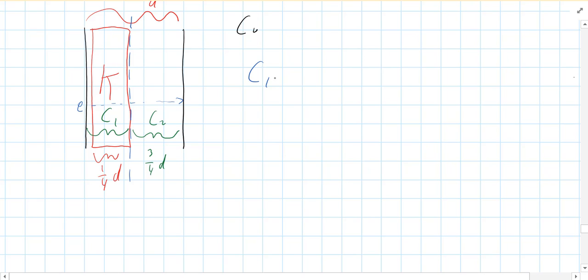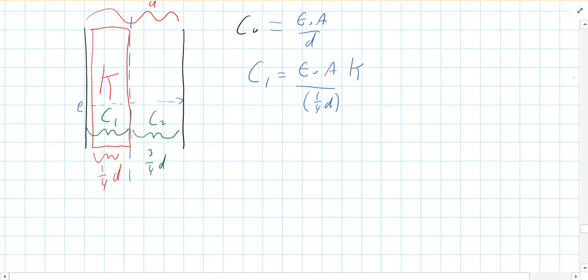So let's start with C1. Well, remember, for a parallel plate capacitor, C is equal to epsilon naught A over D. Well, for C1, I haven't changed epsilon naught, and I haven't changed the area. I did change the D though. It's now 1/4 D, and I've inserted a dielectric of constant κ in there.